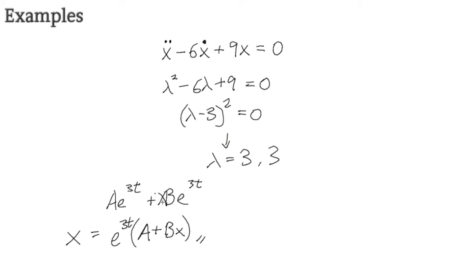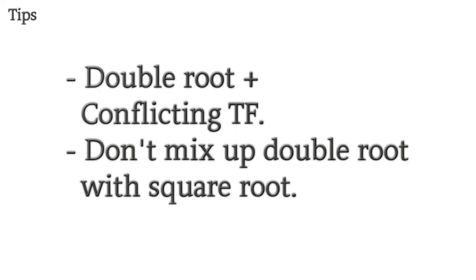Just a quick note, I do mean a t as coefficient in this scenario, because this is dot again. Sorry for the confusion. For the tips, I think it's important to note that if you have both a double root and a conflicting trial function, then you have some pretty annoying algebra to deal with.